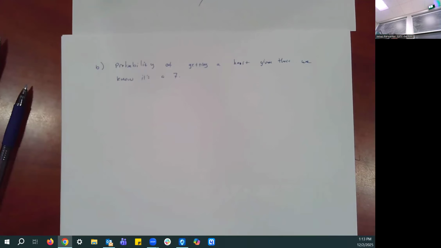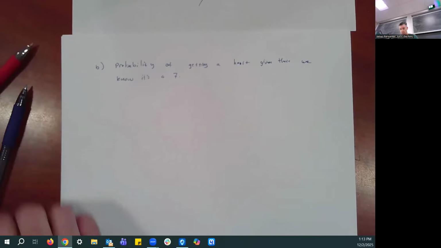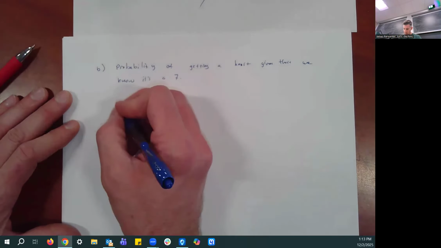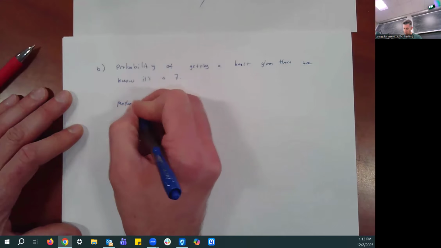And you probably already know the answer to this question. If I told you the card's a 7, what are the chances it's a heart? 1 in 4. There's 4 different cards that are 7s, hearts, clubs, diamonds, spades, and one of those is a heart. So if I told you it's a 7, we know there's a 1 in 4 chance that it's a 7 of hearts.